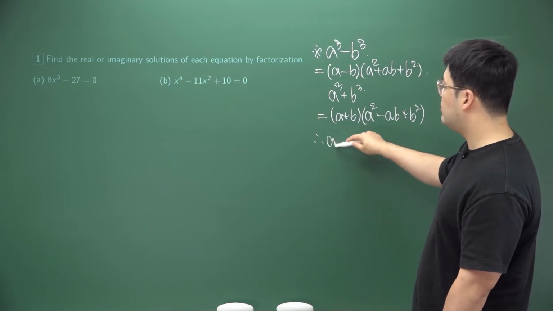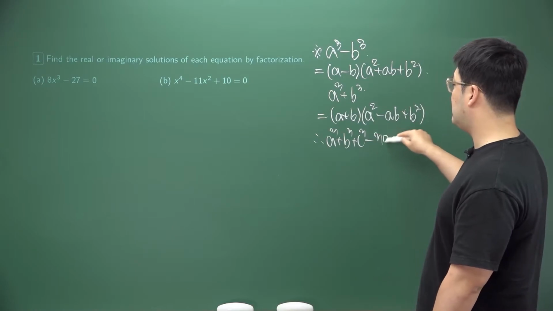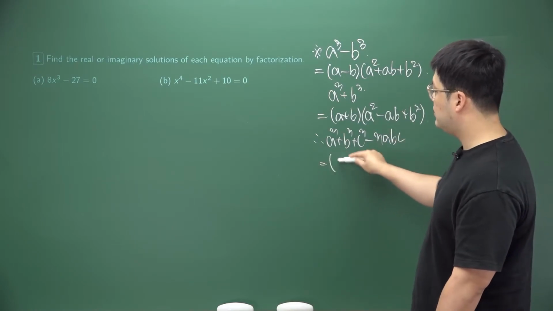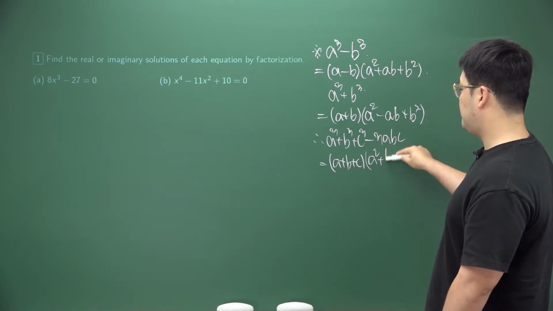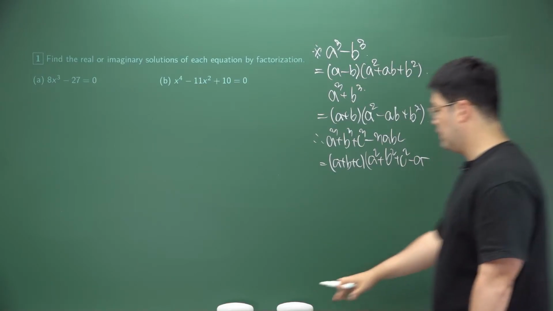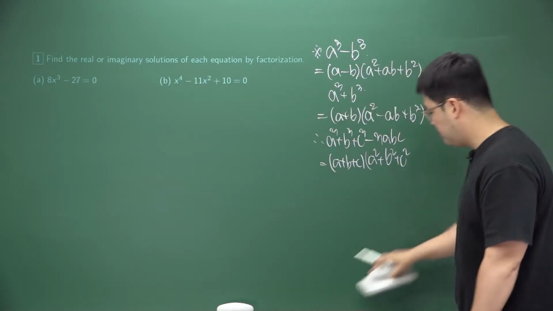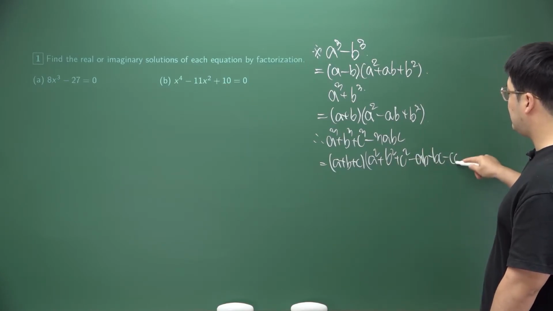Of course, there are a few more things that you need to know. For competitions, you have to know this expression as well, which is a plus b plus c times a squared plus b squared plus c squared minus ab minus bc and minus ca.